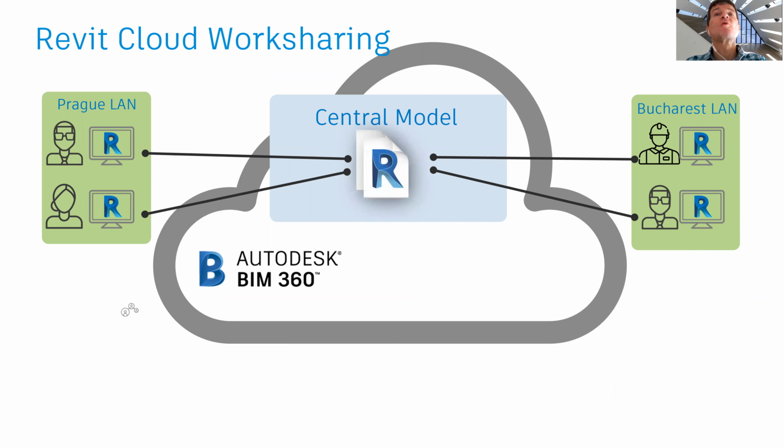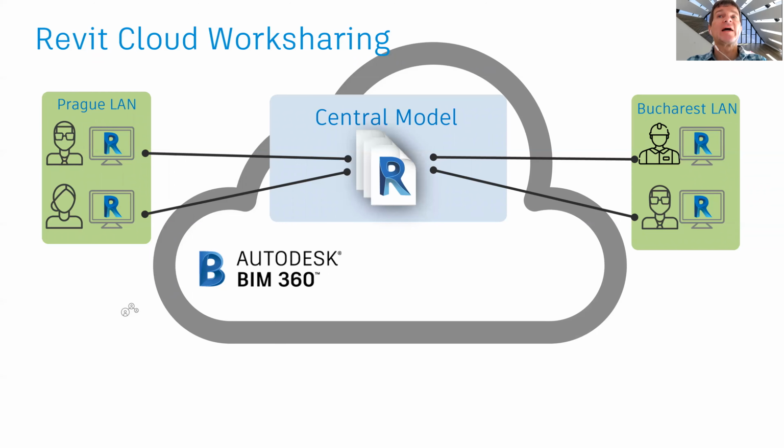And then they are also versioning as soon as they define that, okay, this model will be stored in the cloud. So each of the team members can save a file in the cloud, and they are making versions in the cloud.